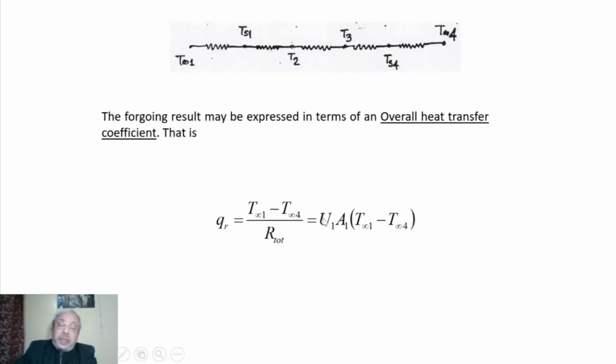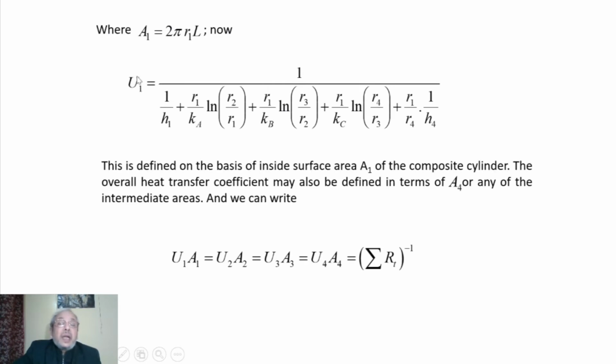This can also be written as U1 A1 into T infinity 1 minus T infinity 4. Then U1 into A1 is basically 1 by total resistance. So from there, U1 A1 equals 1 by total resistance.